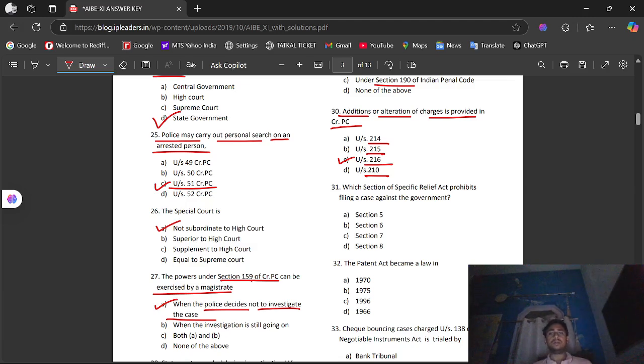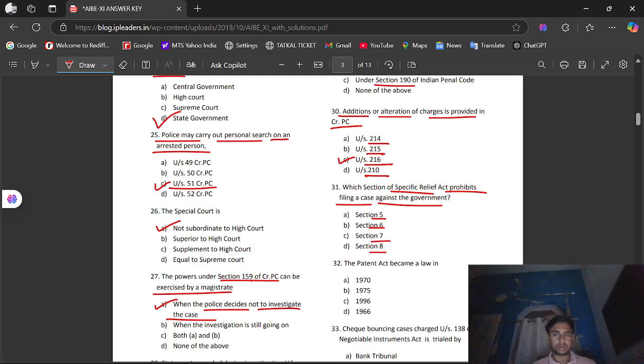Question number 31. Which section of the Specific Relief Act prohibits filing a case against the government? Option A, section 5, option B, section 6, option C, section 7, option D, section 8.